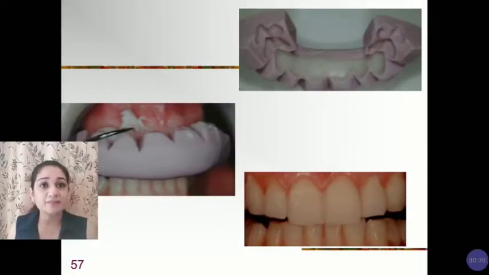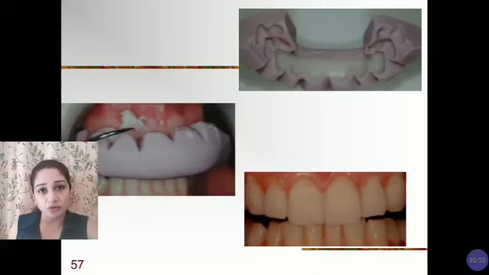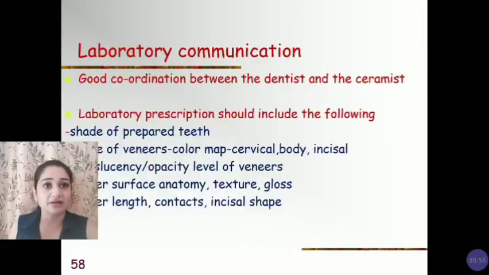This putty index is placed onto the prepared teeth. The excess material is removed. It has some working time, it has a setting time. Once the setting time has lapsed, we remove the putty index and the final temporaries are left on the tooth surface. Then we remove them, polish them, and we lute or cement them onto the tooth surface with temporary cement.